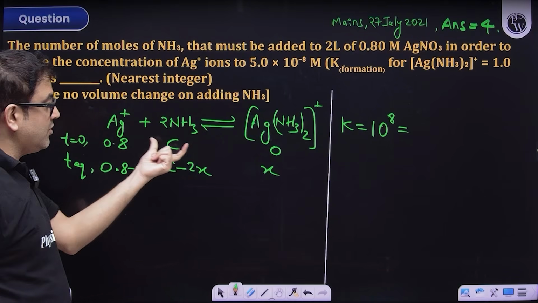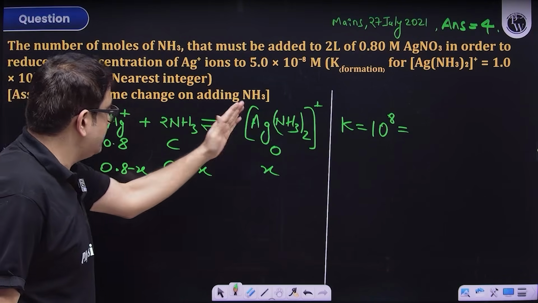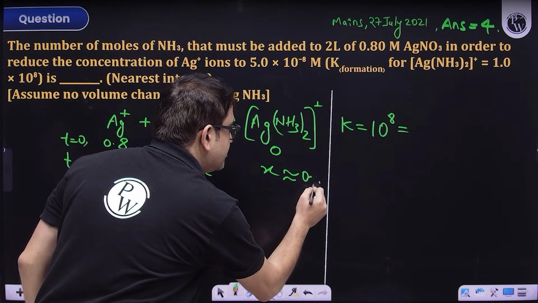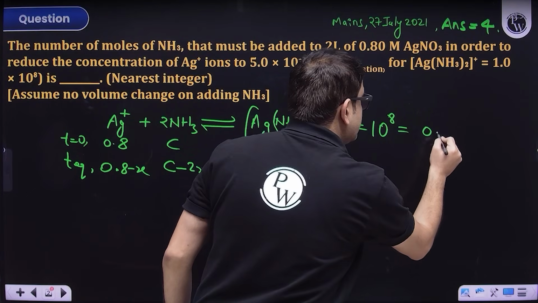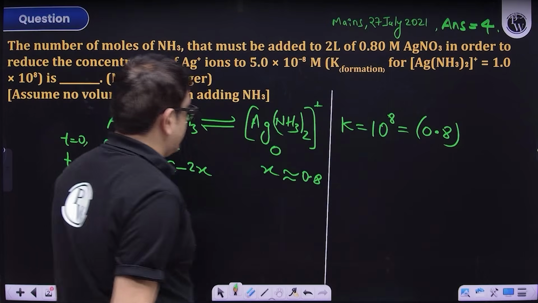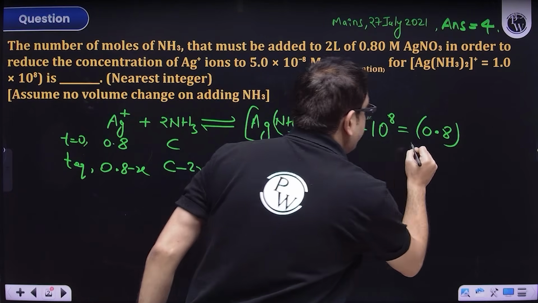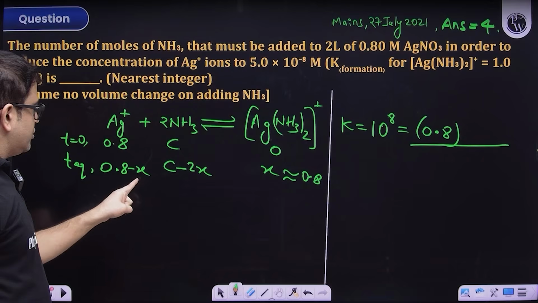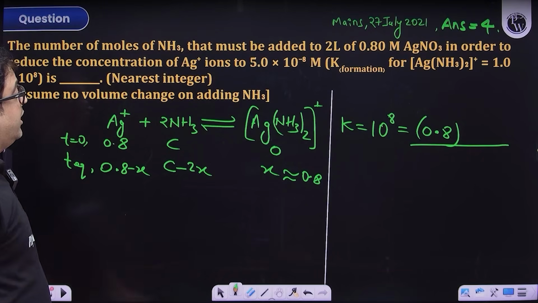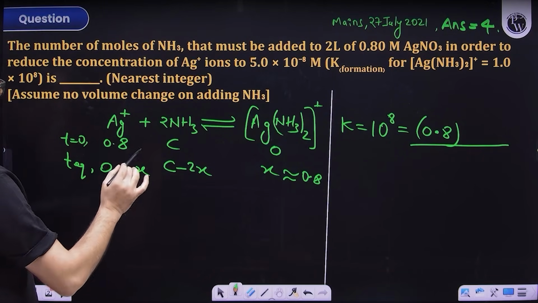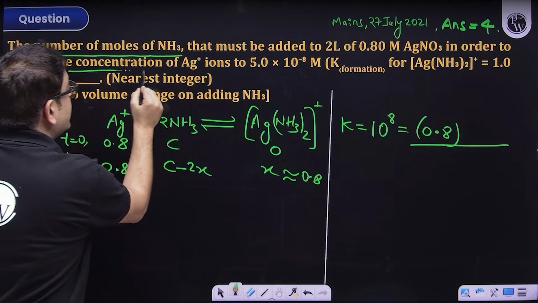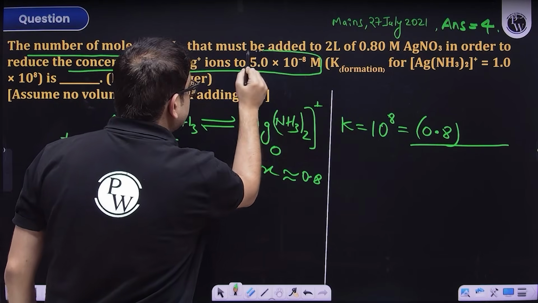So what is the value of X, sir? 1 will produce 1, so 0.8 will produce 0.8. So this is approximately 0.8. So 0.8 is the concentration of product raised to the power 1 upon. Sir, X we know. But we have to calculate the number of moles of ammonia when the concentration of Ag plus ion is reducing to this much.